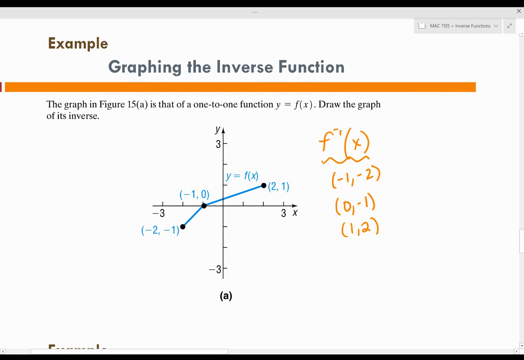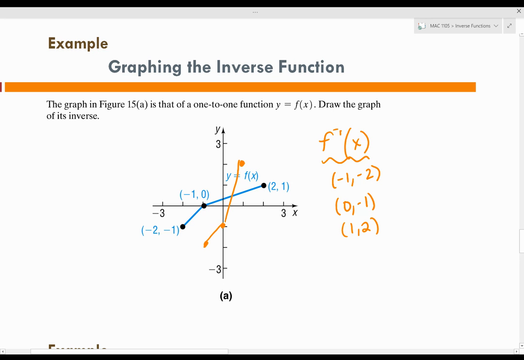So if we plotted those points, that would be (-1, -2), then we would have (0, -1), and then we would have (1, 2), okay? And we drew those.